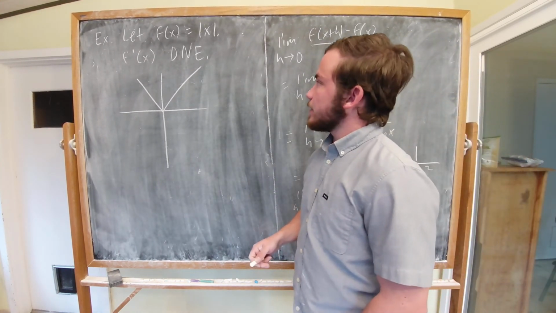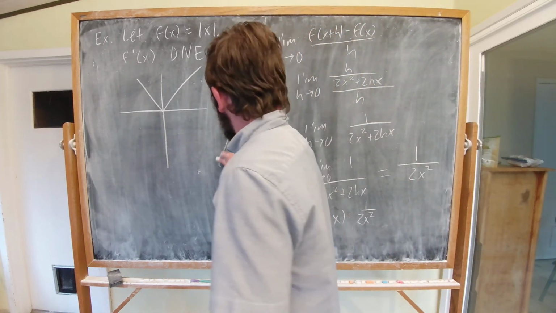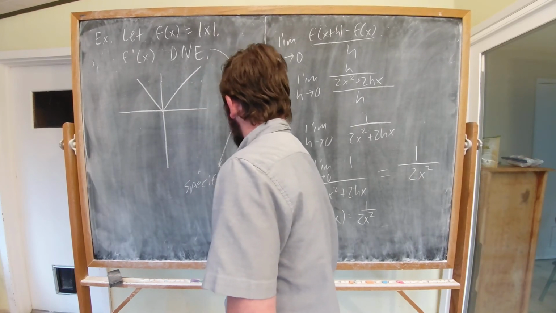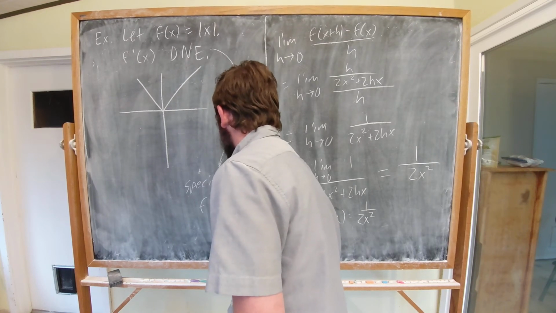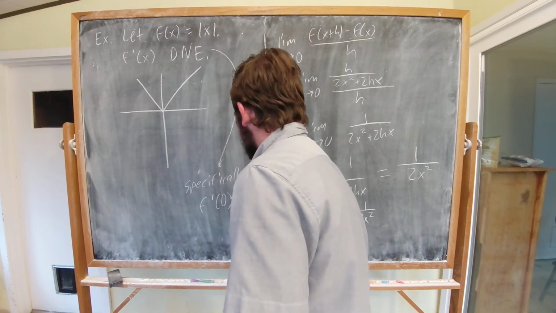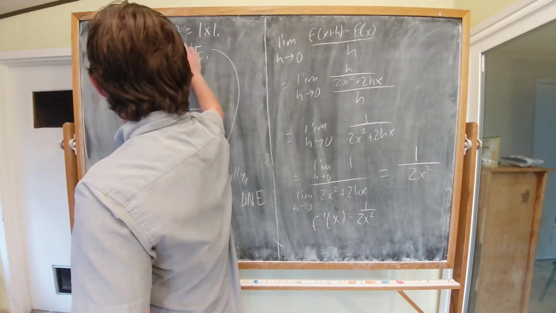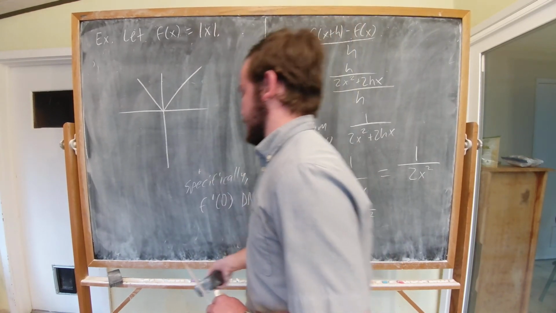Specifically, f prime of 0 does not exist. You can define f prime of x elsewhere. So I guess this is probably misleading to say that f prime of x doesn't exist.